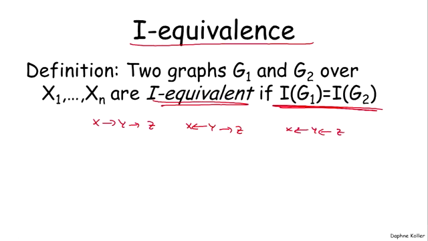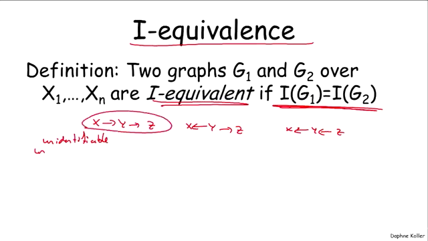Now, why is I-equivalence an important notion? It's important because it tells us that there are certain aspects of the graphical model that are unidentifiable. Which means that if we end up, for whatever reason, thinking that, say, this is the graph that represents our probability distribution, it could just as easily be this one or that one.